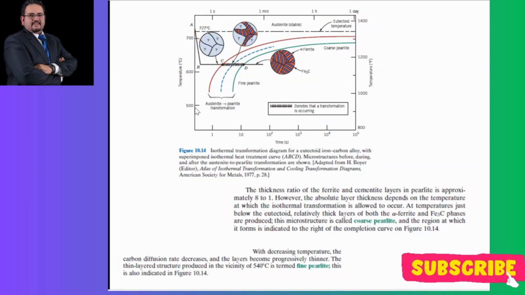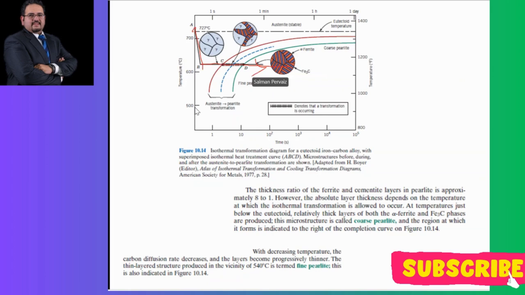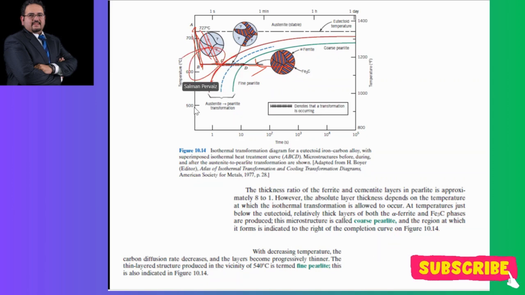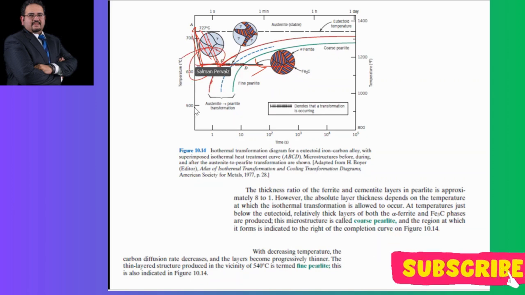Could be like this. Sometimes you can quickly drop it here, and then you can say it's like this. That would be fine as well. Or you can say it quickly came to this temperature, and then you are observing that temperature. So the line can be anywhere, but before transformation, not after transformation. In this region, you can touch anywhere along that temperature.